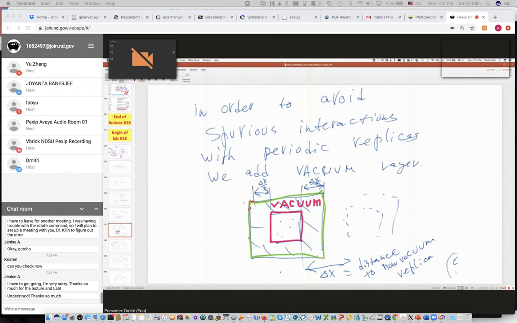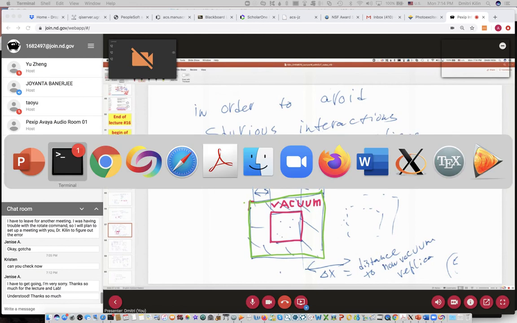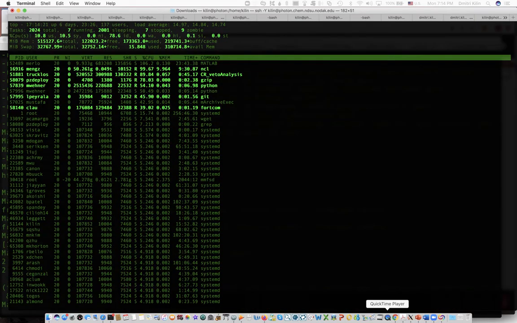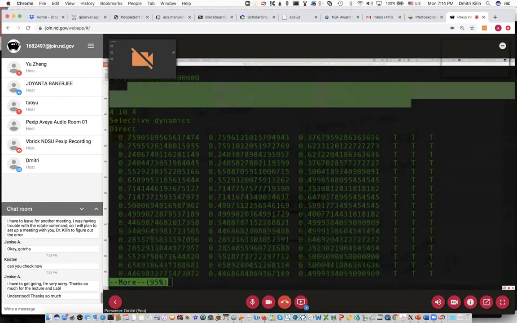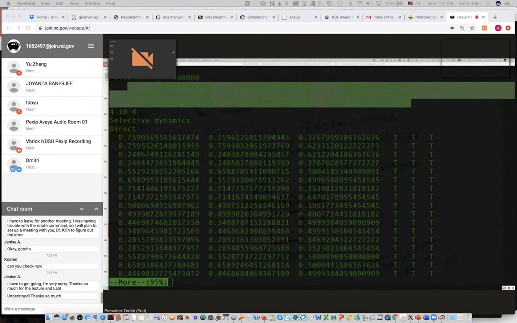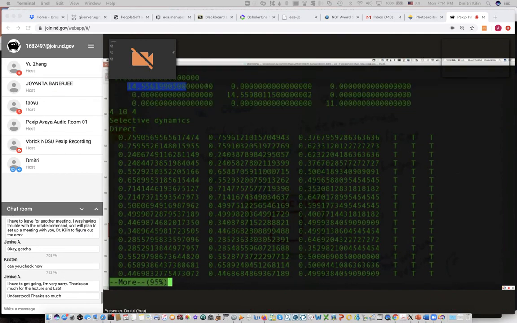So in our case, for this molecule that we are describing, the size of the periodic box is 14.5 in X, 14.5 in Y, and 11 in Z. So we are considering a box of this size in angstroms.